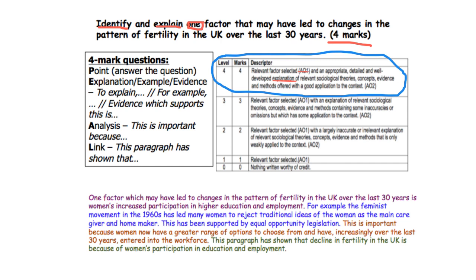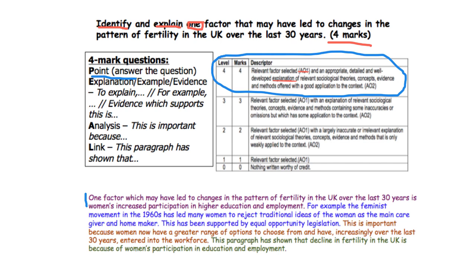So you need to make sure that a relevant factor is selected, and that's really your point. And I went through some of the points that you could have chosen. I'm actually going to talk about here higher education and employment rates increasing for women over the last 30 years is the reason why fertility rates have declined. Okay, so relevant factor.